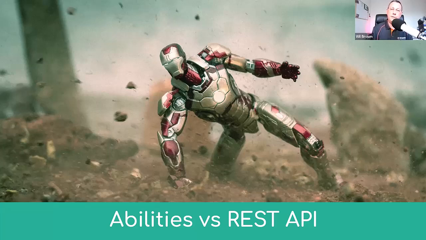So the big difference is that the REST API is a huge toolbox with every tool inside that you could or may need. But the abilities API is one safe tool action at a time, and it's chosen by you. So with the REST API, AI could do way more than you wanted it to do on the website. The abilities API can do exactly what you want, but nothing else.